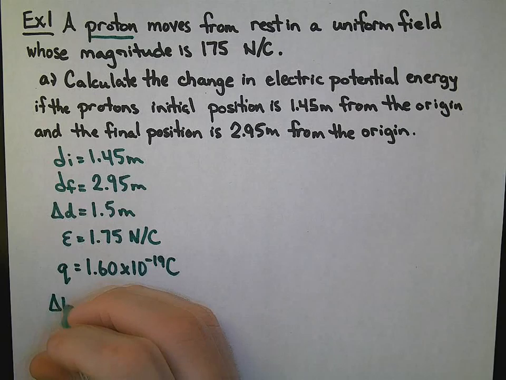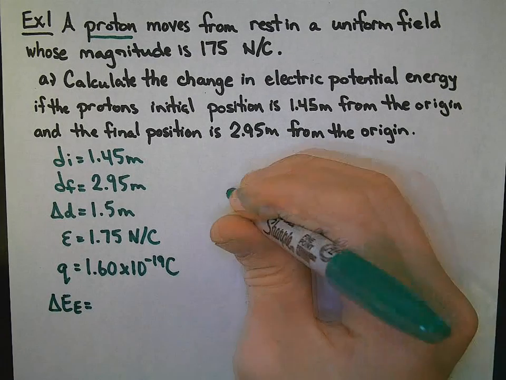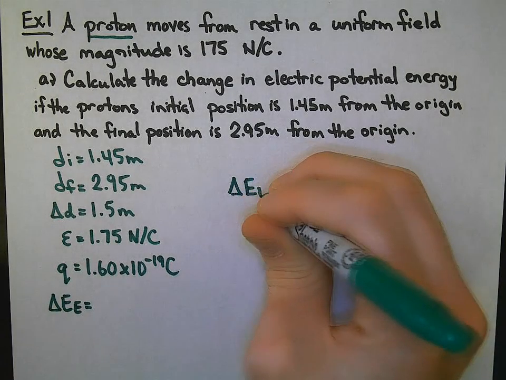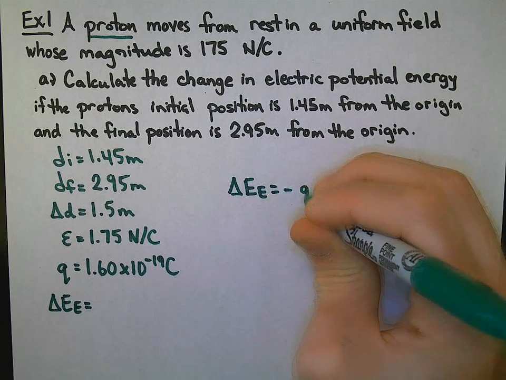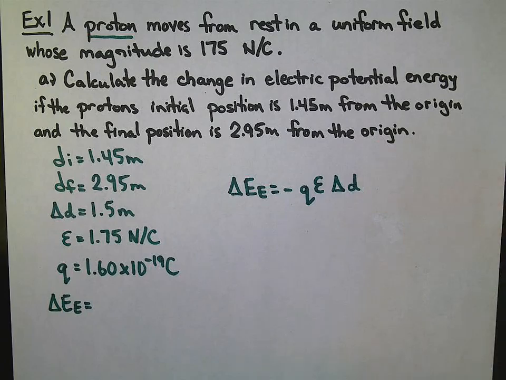And we are going to calculate the change in electric potential energy, which will be negative Q E delta D.